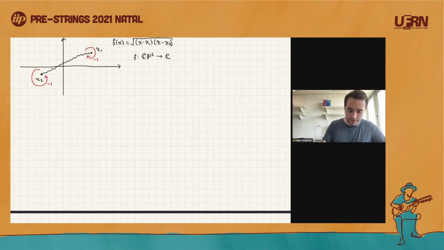So the question is, is there a surface such that f extends to a function on that surface? So maybe we call it f twiddle, that is globally defined. And the answer lies in these covering maps.